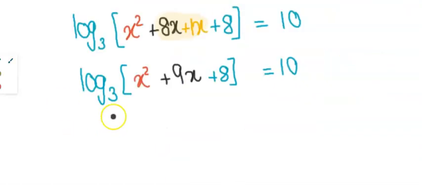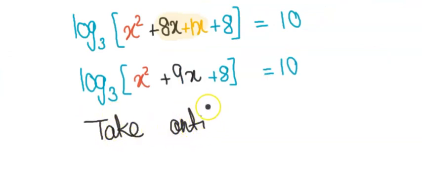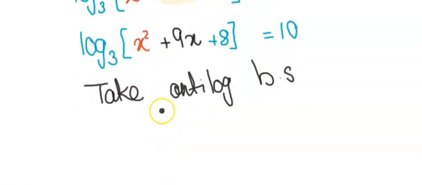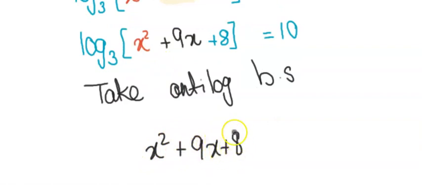The next thing we do is take the anti-log on both sides. When I did the anti-log on both sides, this log 3 disappears. So on this side, you just get x squared plus 9x plus 8. But what happens on the other side?